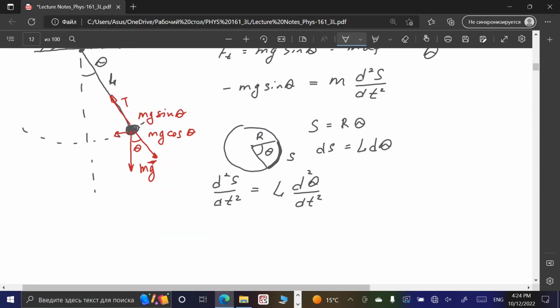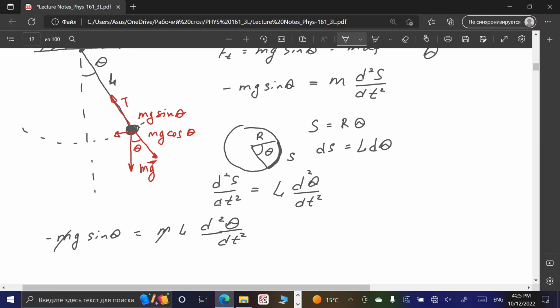Taking this into account, we write that minus mg times sine theta, the driving force for this pendulum, will be equal to m times L times d squared theta over dt squared. And m we cancel out.